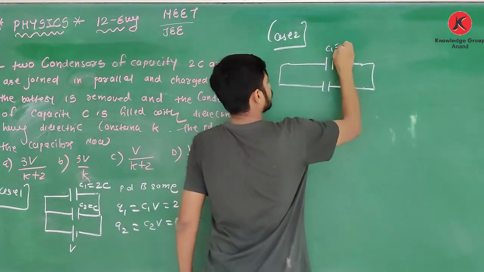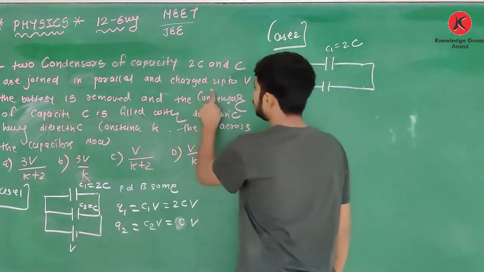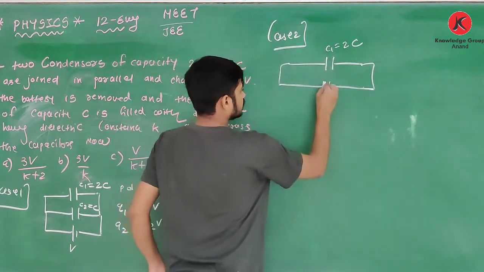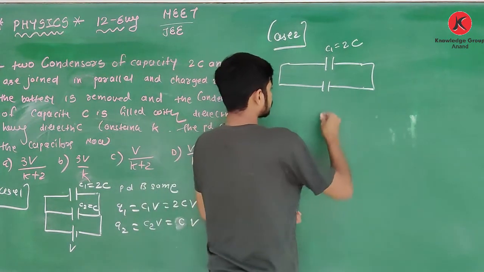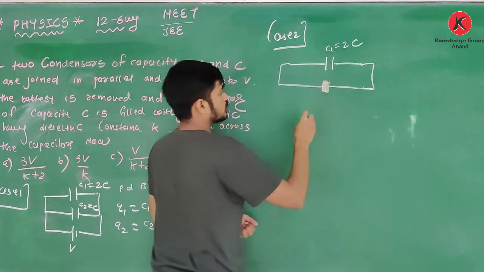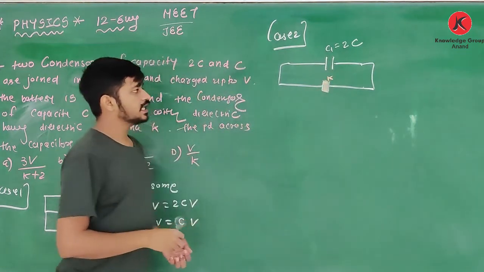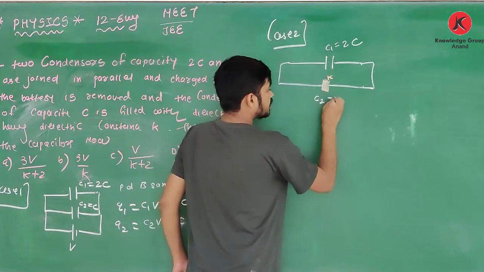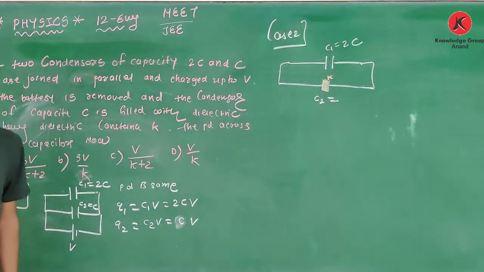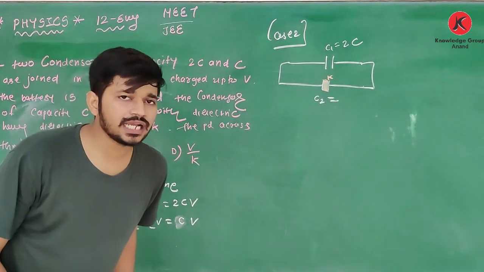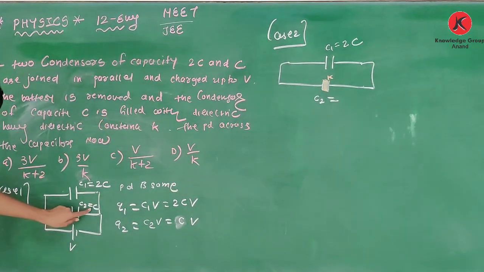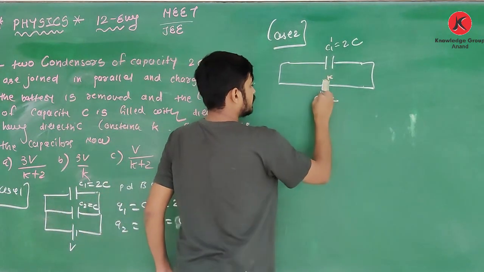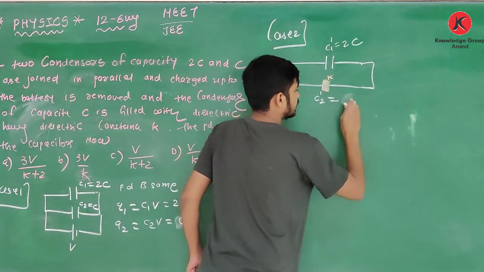Here C1 is equal to 2C and capacity C is filled with dielectric having dielectric constant K. Then in this situation, remember, when air is completely replaced by another dielectric medium, its initial capacitance was C2 equal to C, now C2 dash is KC.